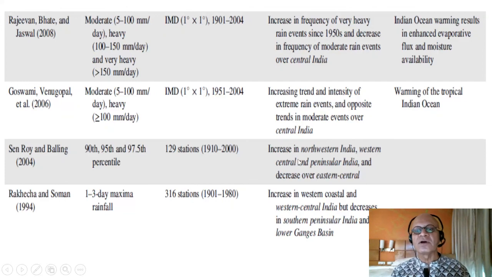This one looked at increase in northwestern India, western central and peninsular India, and decrease over eastern central India. Looking at station data, this also looked at more station data, a longer different period, and reported an increase in western coastal and western central India, but decrease in southern peninsular India and lower Ganges basin.